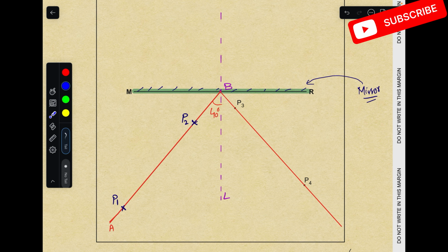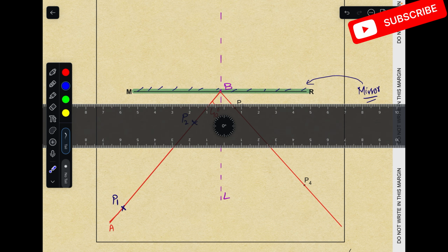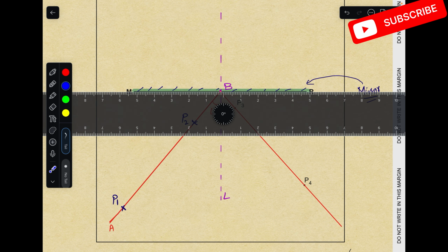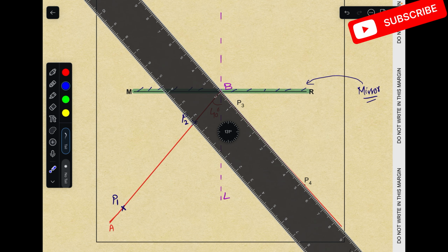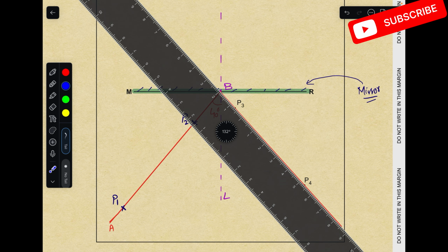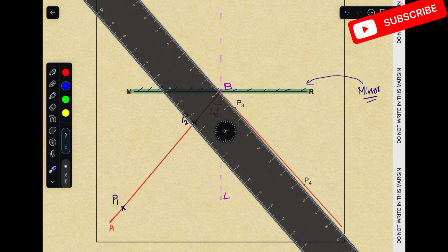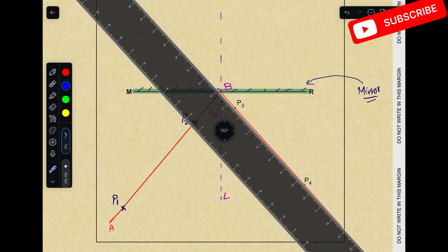Okay, so let's measure it. You can use the protractor. Okay, it's 131 or 132 almost.